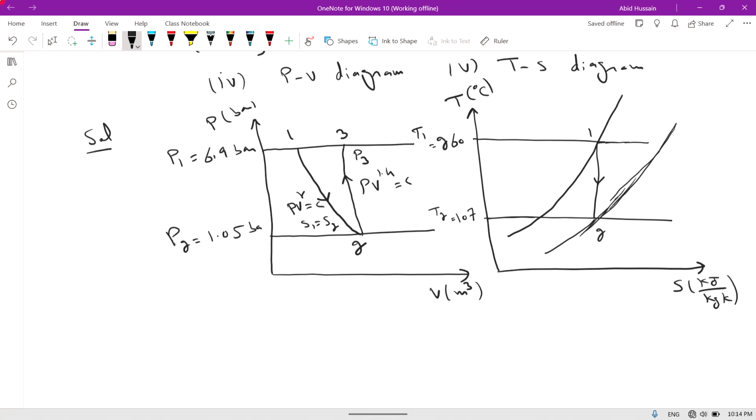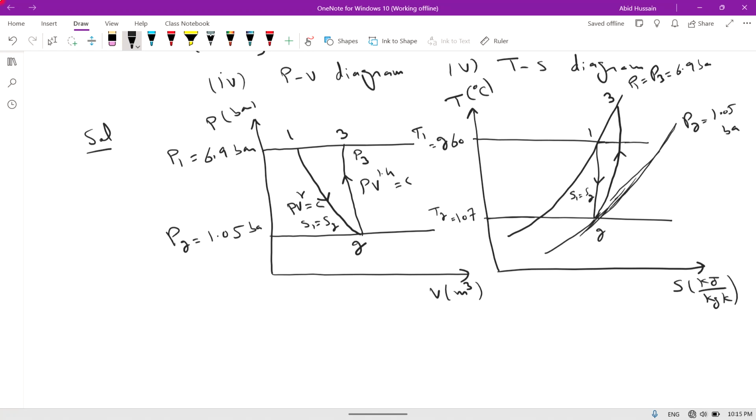This is the isentropic process, S1 equal to S2, or PV gamma equal to C. The second process is from 2 to 3, and pressure increases to 6.9 bar. For this line P1 is equal to P3 is equal to 6.9 bar, and for this line P2 is equal to 1.05 bar. So this is point 3.